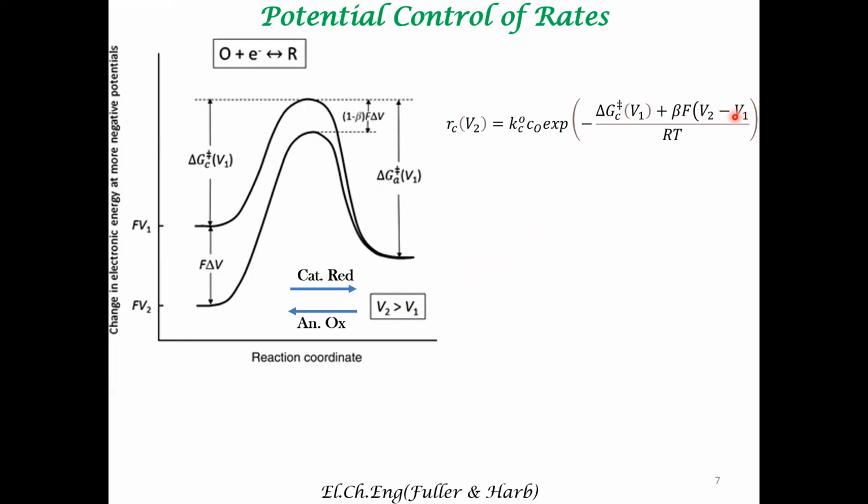We're going to call this V1 as being zero potential, and because of that, we can talk about the rate constant at zero potential and indicate that in this manner.